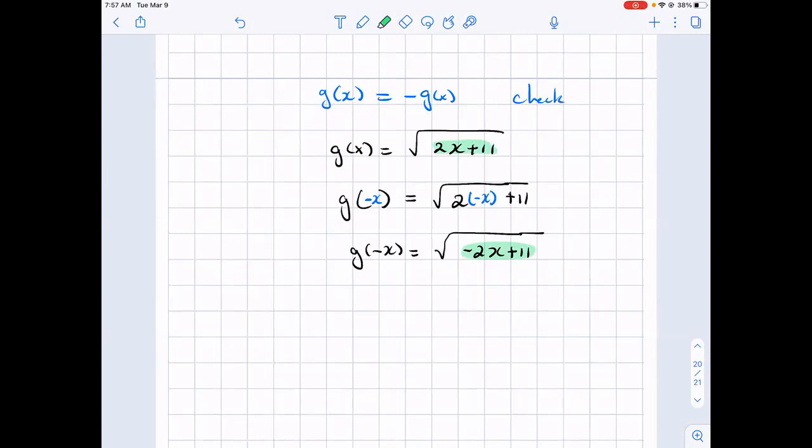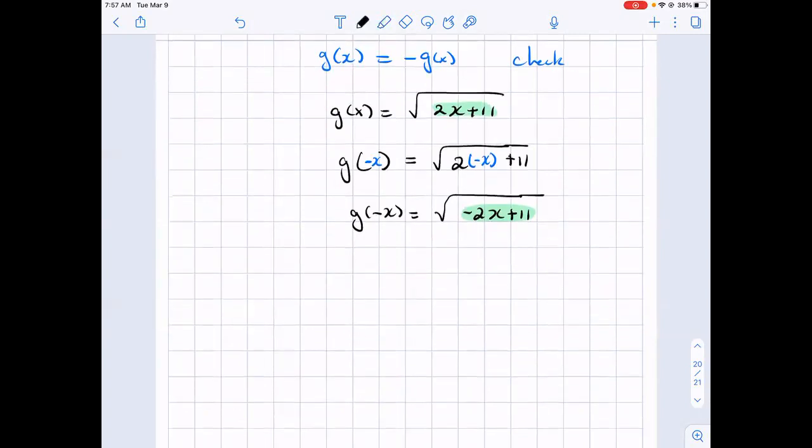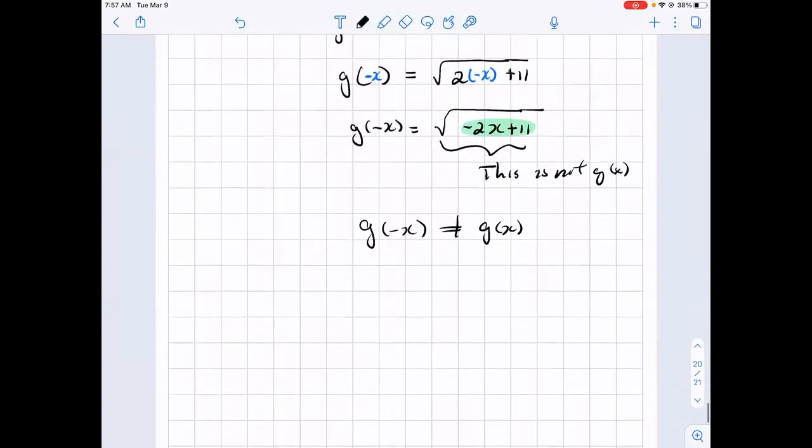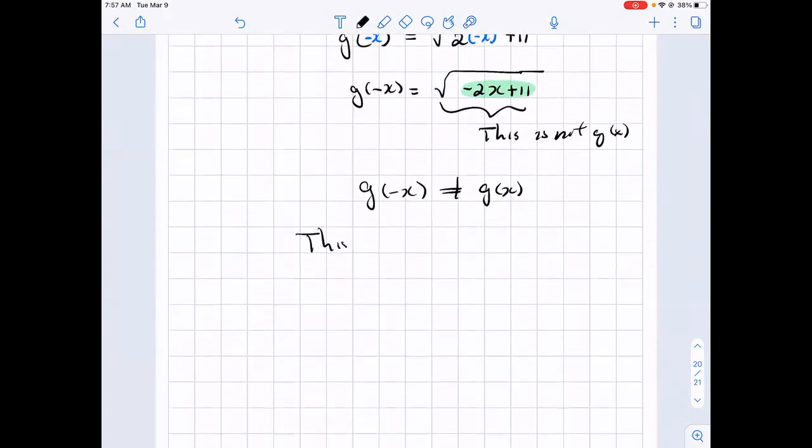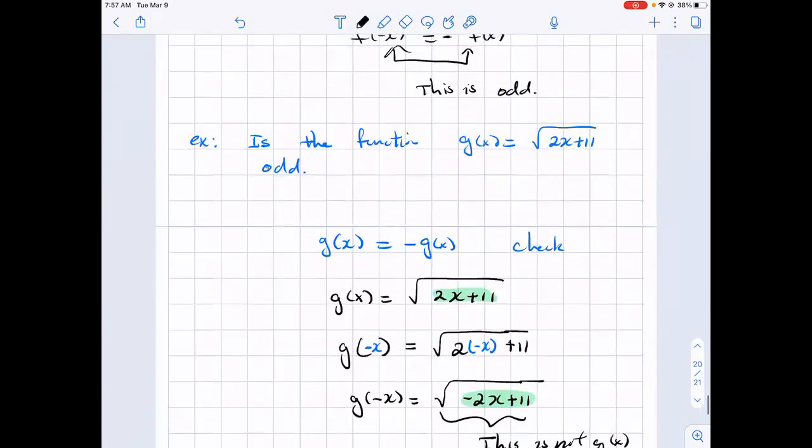So this is not g of x, and g of minus x does not equal g of x. So this function is not odd. We're looking for odd, yes.